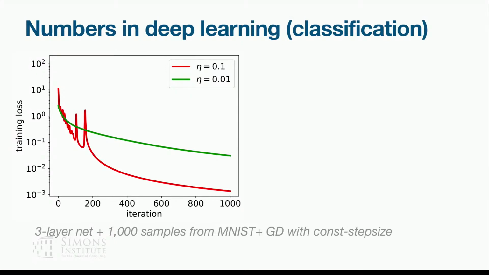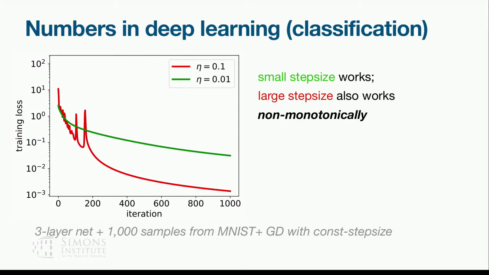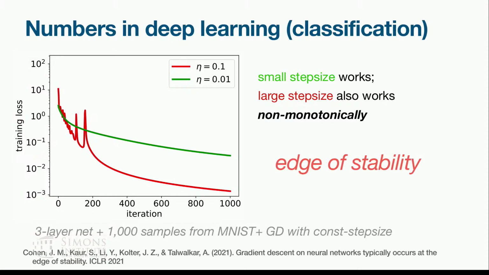We see that when I use a small step size, I can minimize the training loss. This is expected from the descent lemma. But we also see that when I use a large step size, I can also decrease the training loss. However, this time, the training loss is decreasing in a non-monotonic manner. And the latter phenomenon is known as the edge of stability.